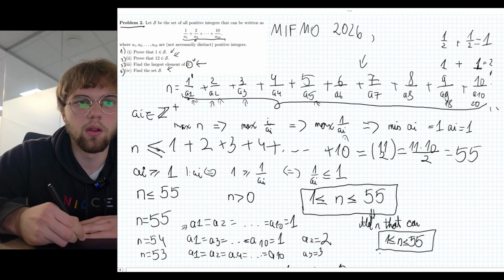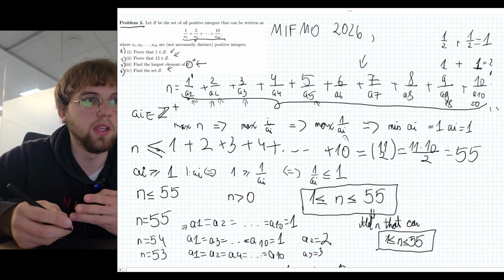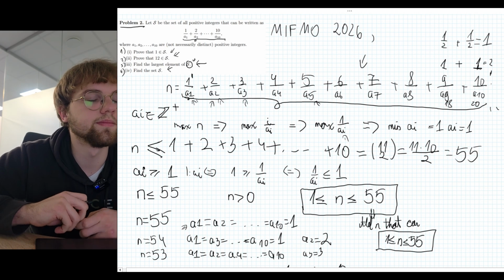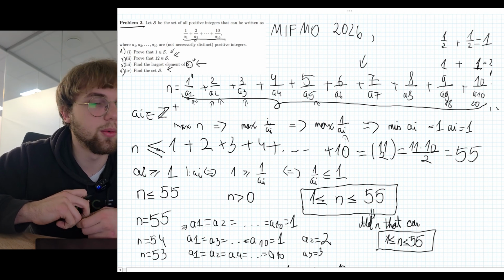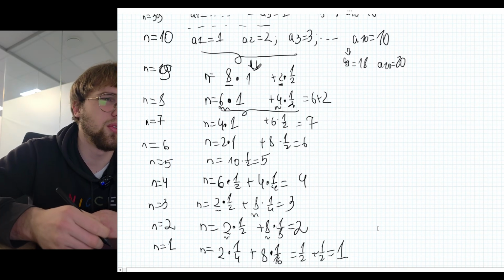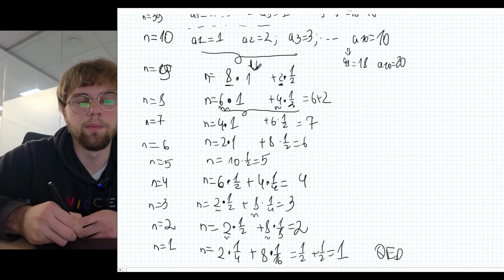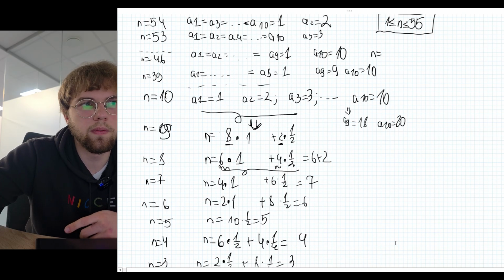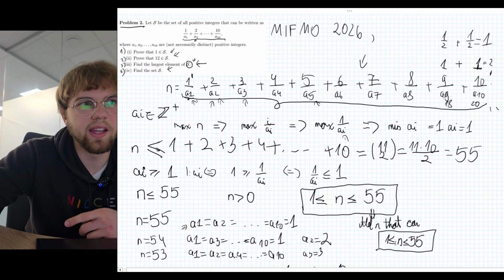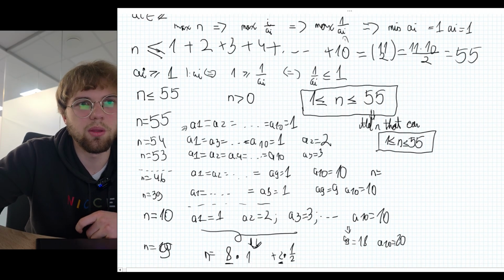And then we constructed every n from this interval to be actually expressible. And we're done. We could just write QED. Of course, we need to explain what we are doing here, but yeah, QED, and we're done. But the official solution was a tiny bit different. The construction was maybe more simple.